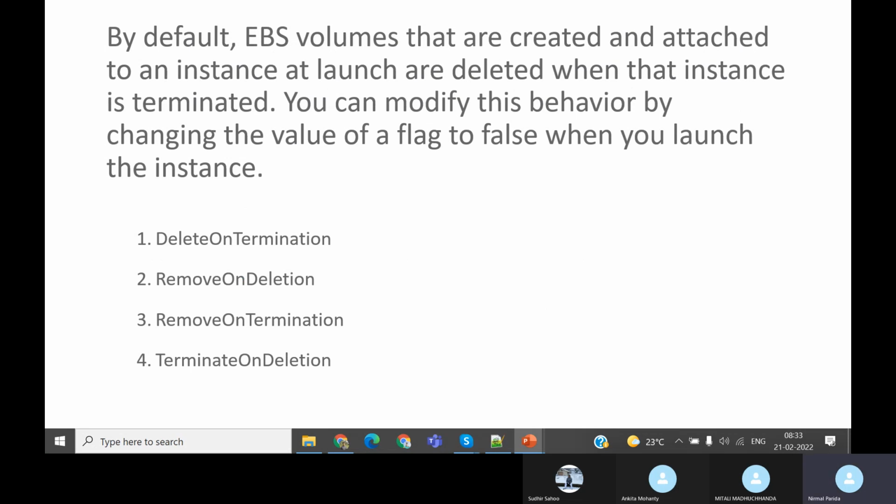By default, EBS volumes that are created and attached to an instance at launch are deleted when that instance is terminated. You can modify this behavior by changing the value of a flag to false when you launch the instance. So this is also very important, so maybe it will come in your certification exam.